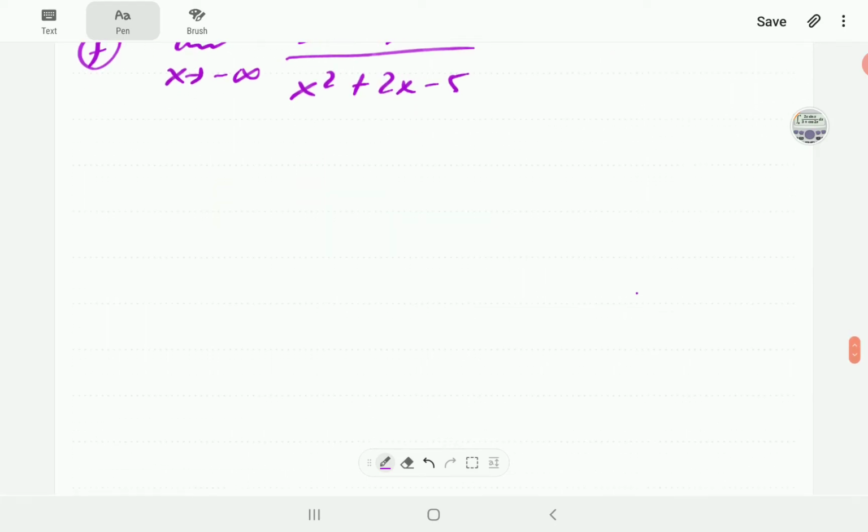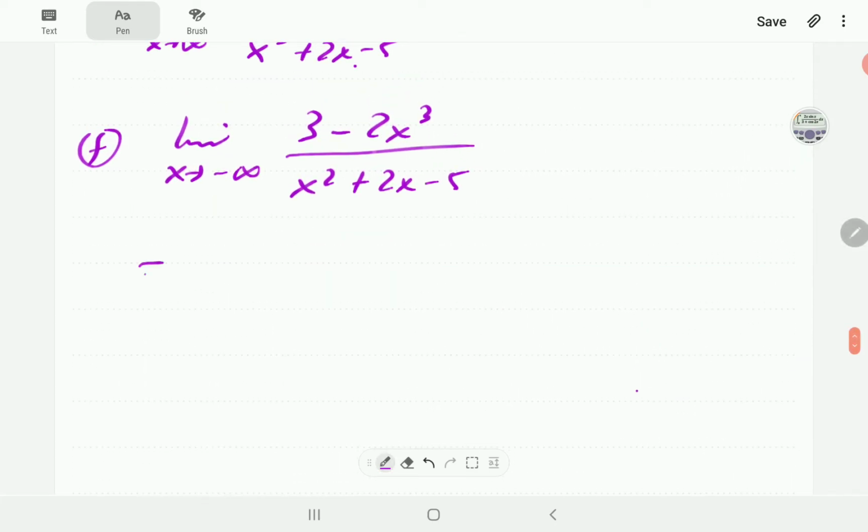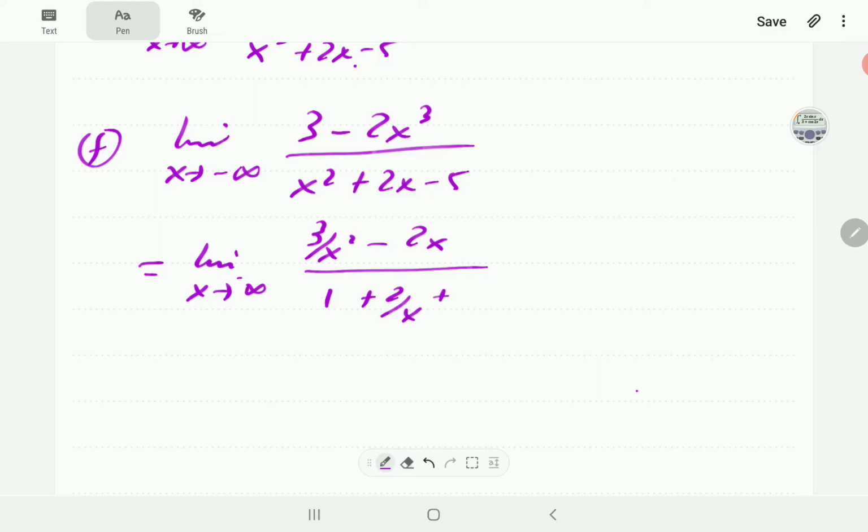The highest power in the denominator is x squared this time. So we're going to divide everything by x squared. So it's going to be 3 over x squared. That's going to be 2x. It's going to be 1 plus 2 over x minus 5 over x squared.